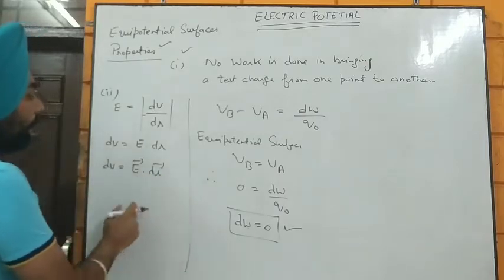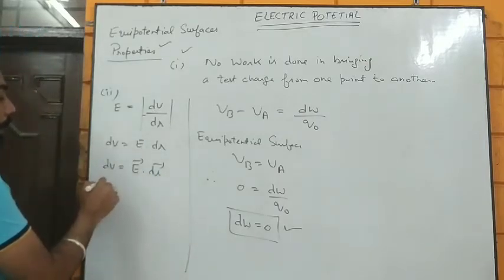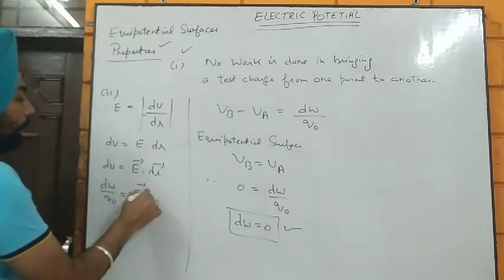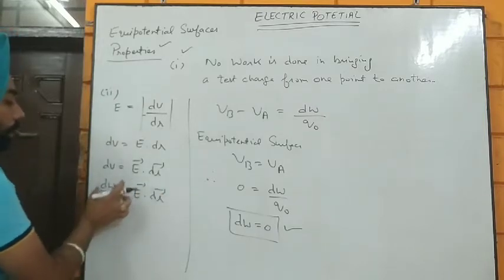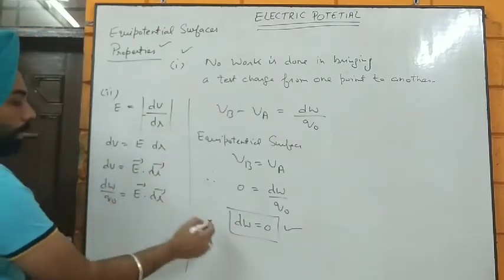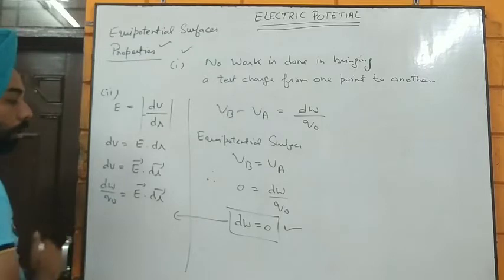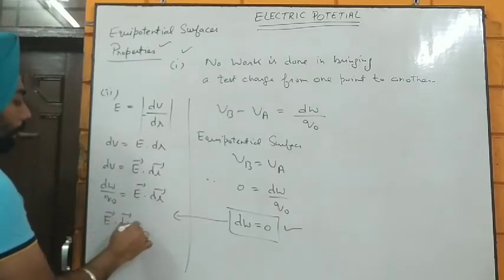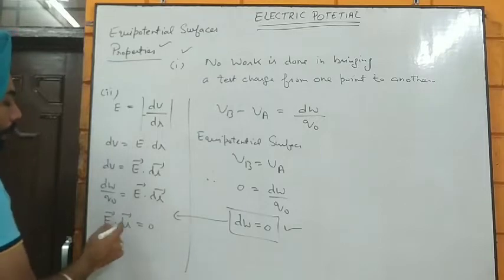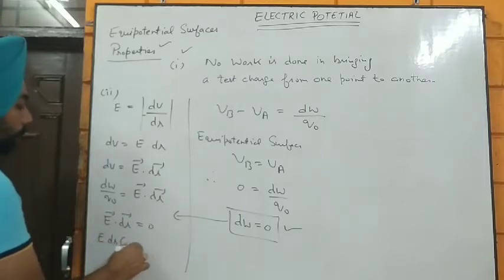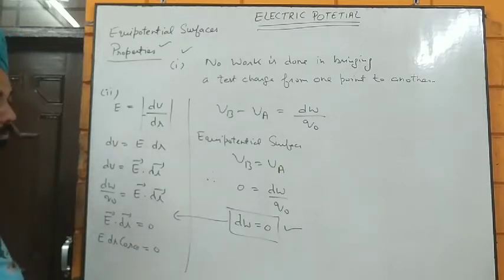Now E dot dr, now potential is taken as work upon charge. Now what is work upon charge? We know that at equipotential surfaces the work done is always going to be 0. So E dot dr is going to be 0, and you can solve it as E dr cos theta is going to be 0.